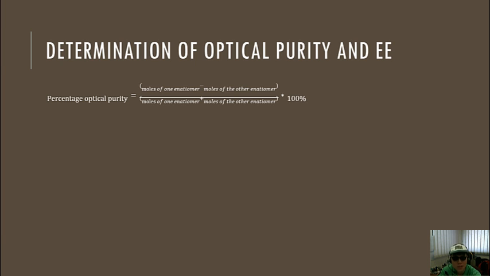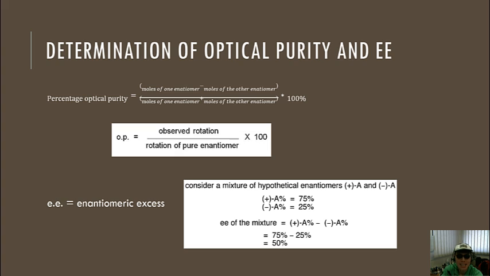And the denominator for this fraction is the sum of the moles of the two enantiomers, after which you multiply by 100% to get the percentage. And these are the other equations that you got to consider. Now, if you do not have the number of moles, you can use the result from the polarimetry. This OP, not overpower, OP is also the ratio between the observed rotation over the rotation of the pure enantiomer.